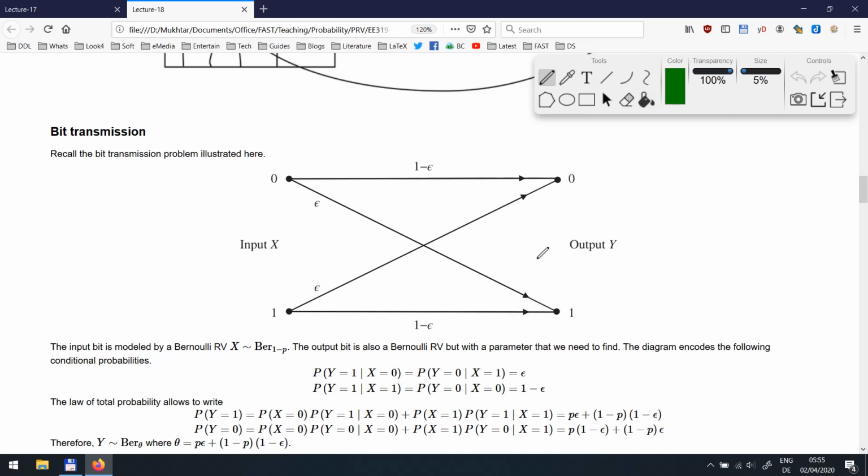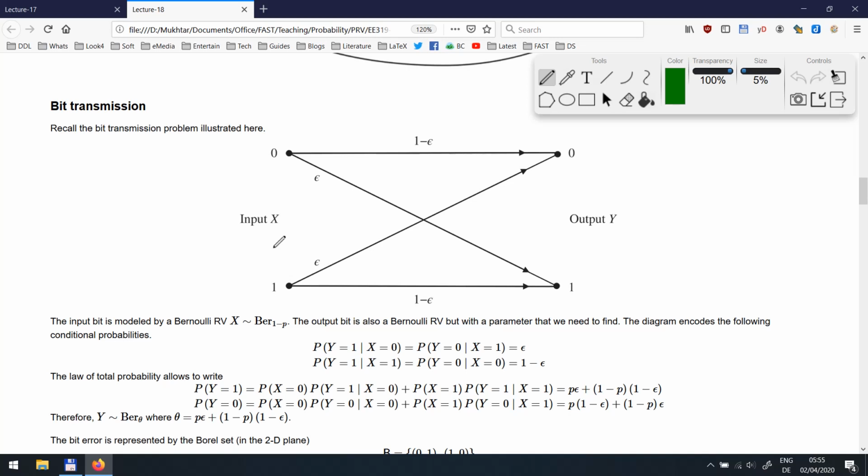When we were dealing with this same problem in sets, it was not very easy because we didn't know how to write the sample space. But now the bit transmitted can either be 1 or 0. So you can say that the input bit is a random variable and it's a Bernoulli random variable.